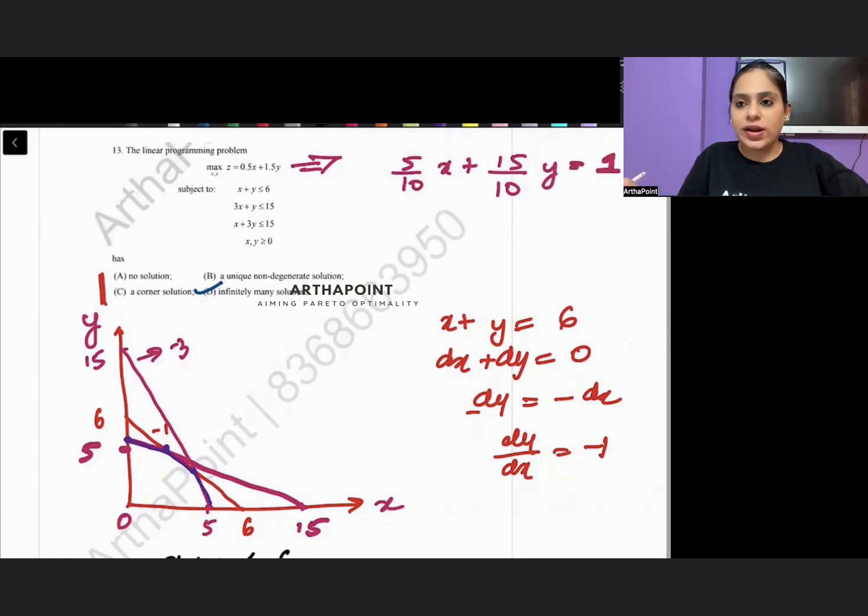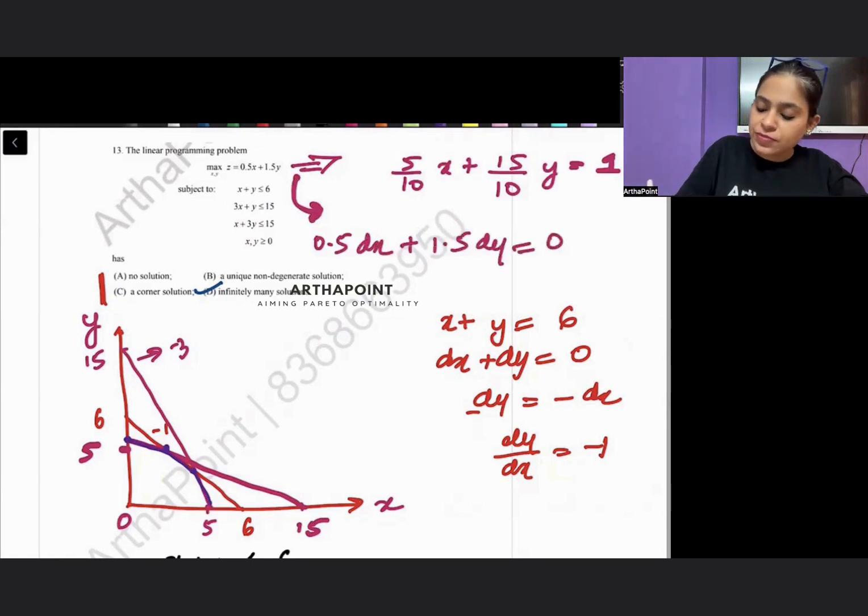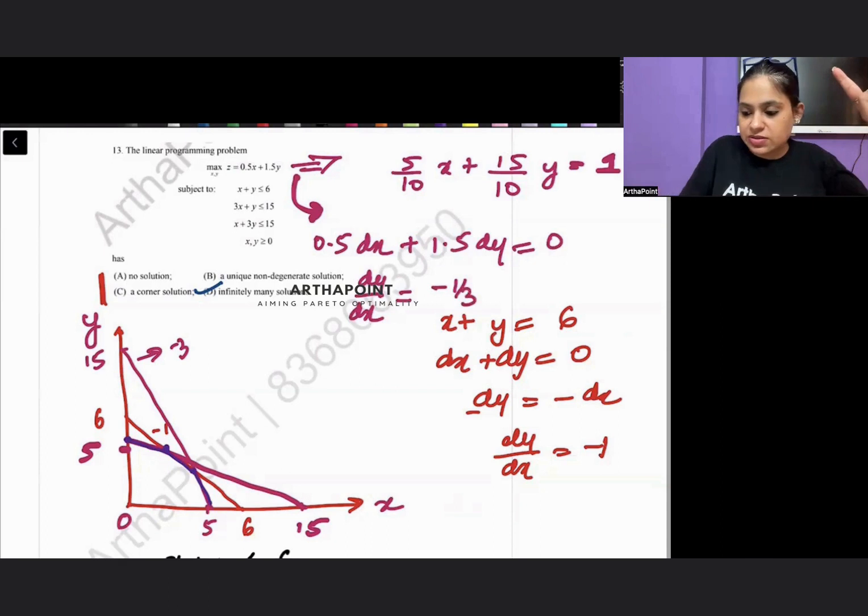Say I take this to be 1, right? So first of all, if I were to find the slope of this function, what will be the slope, beta? So 0.5 dx plus 1.5 dy will be 0. And then I will get dy by dx is equal to minus 1 by 3. So my slope will come out as minus 1 by 3. That will be my slope, first of all, right?